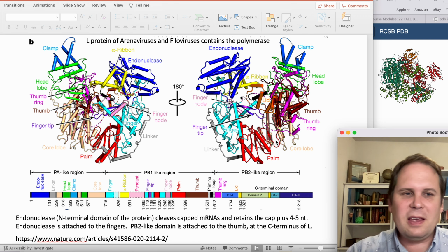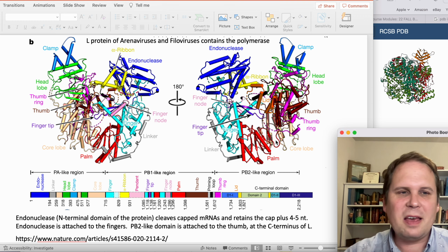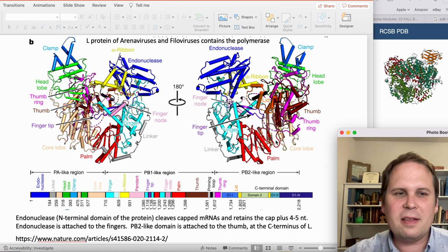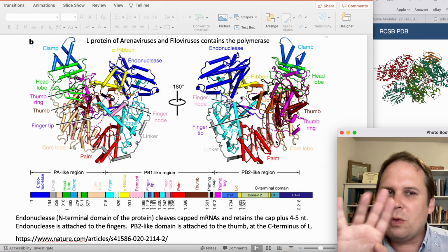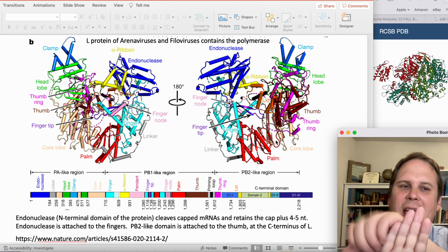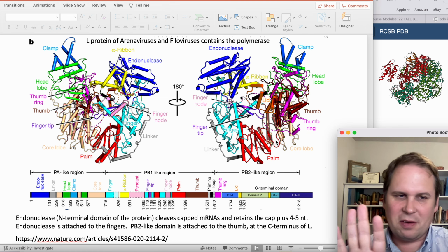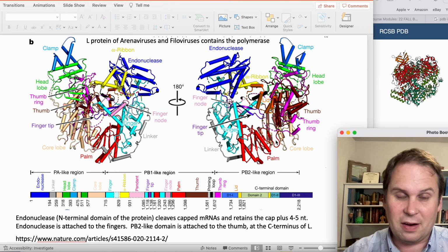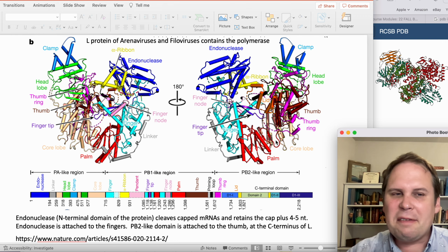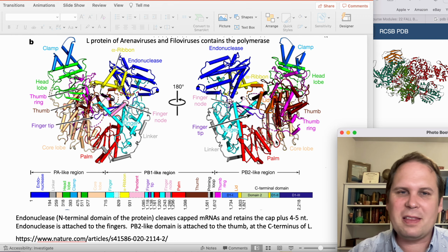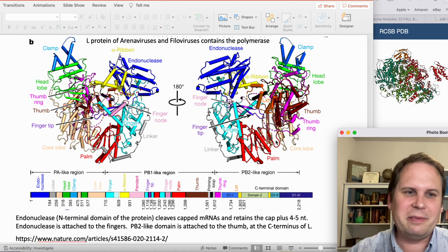Big difference between these is how they measure. The arenavirus polymerase will chop off about 4 nucleotides plus a cap, and after that it starts matching, and that's where the virus starts. Influenza, it's usually 10 or 11 nucleotides. Those are the most common things that it chops off. Yeah.